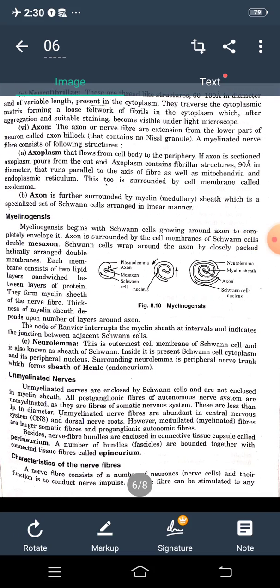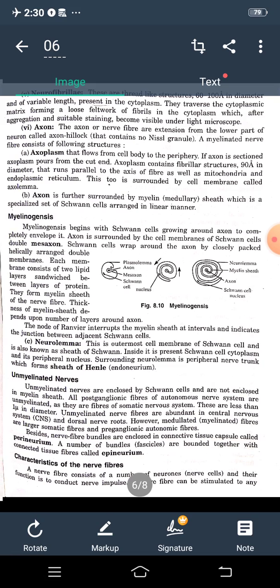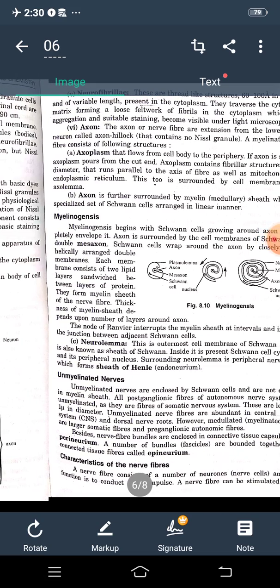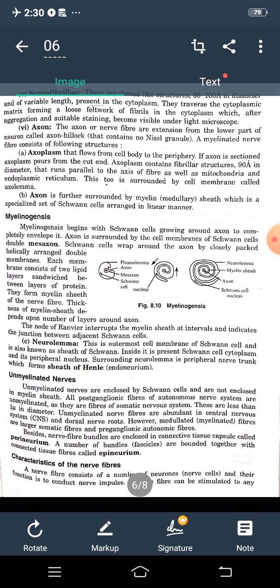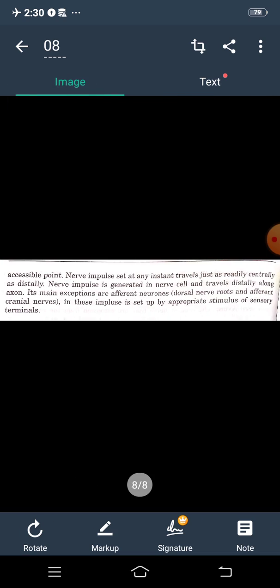Then what are the characteristics of the nerve fiber? A nerve fiber consists of a number of neurons, nerve cells, and their function is to conduct nerve impulses. A nerve fiber can be stimulated at any accessible point. A nerve impulse set up at any instant travels just as readily distally as proximally.